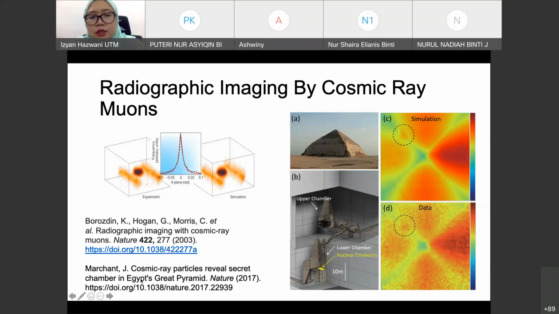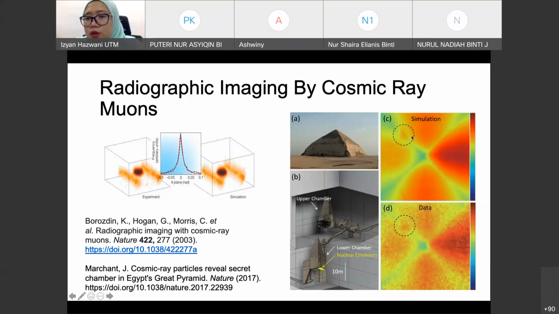The different group, this is Kyoto University, if I'm not mistaken, did this cosmic ray particle study with the Egyptian Red Pyramid. This is actually the experimental data, and the top one is the simulation with Monte Carlo simulation.